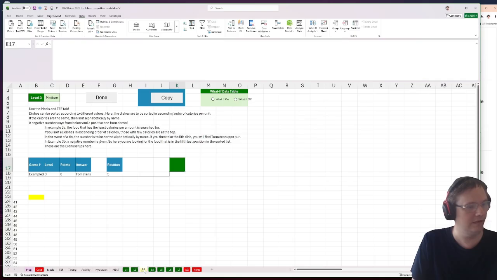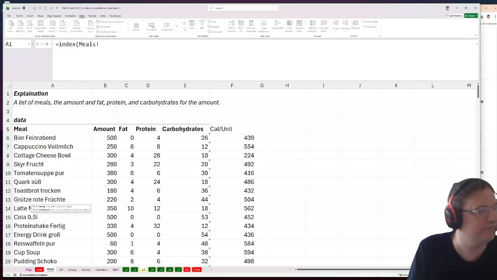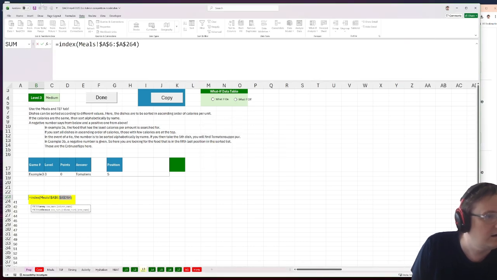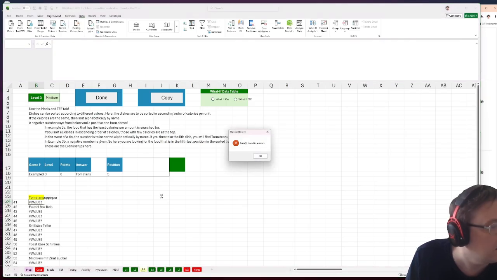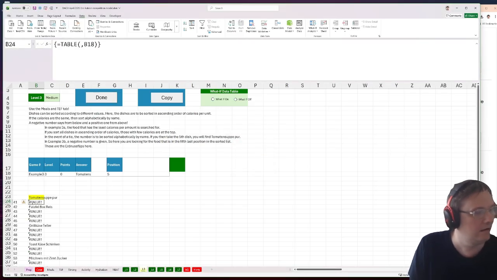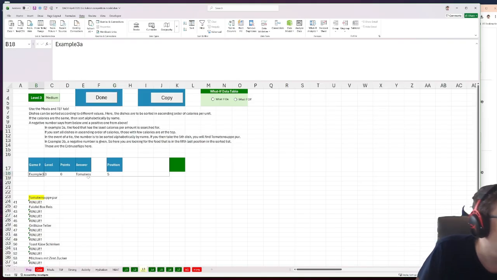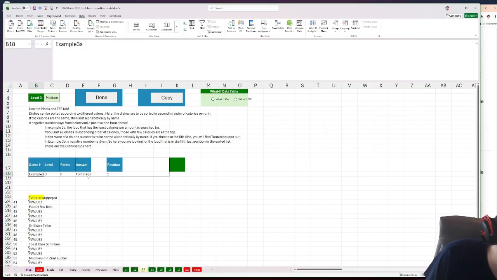So is it the index or the X match? It's the index, right? So index of this, where the index is here. Negative 46. All right, so a negative number says from below, and a positive one is from above.